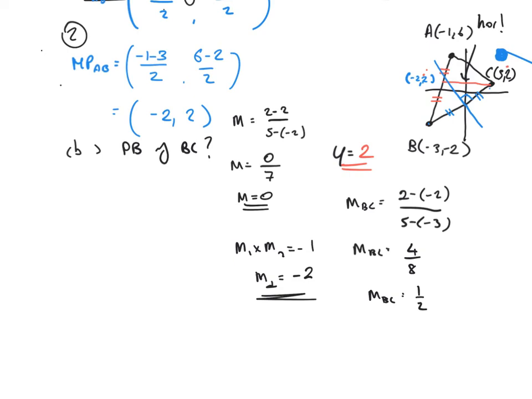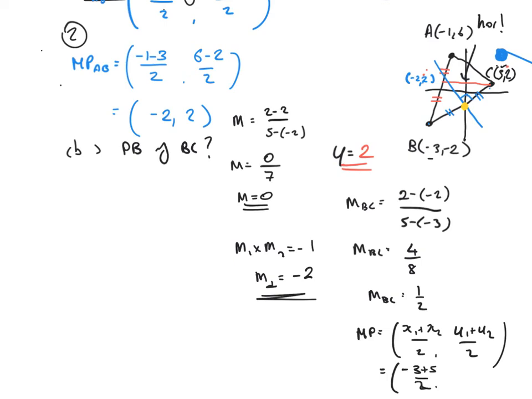Okay, my next move is to find the midpoint. That will give me my point that lies on the perpendicular bisector. So I need to go to the midpoint formula. That's x1 plus x2 over 2, y1 plus y2 over 2. And remember that you need to select the correct two points. It's the midpoint of B and C. So for x coordinates, it's going to be -3 plus 5 over 2.